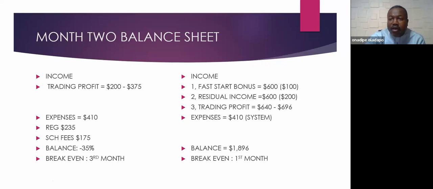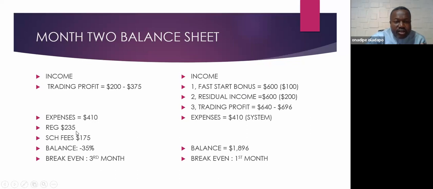By the time you add all of these together, their expenses are the same. For the regular trader, it is 410 in 2 months. That's his expense. For this person, it's also 410, but everything is paid from the system. So by the end of the second month, this individual has no more expense because all of it is paid from the system. However, this person has paid out of pocket.